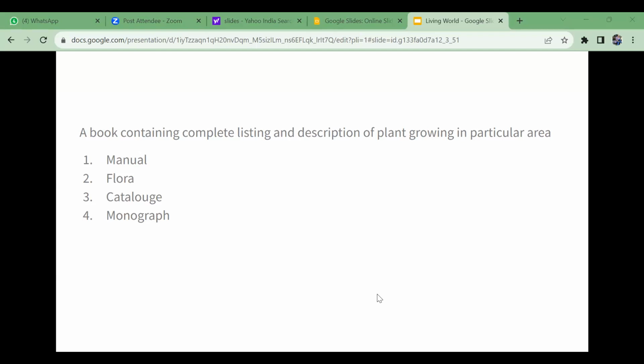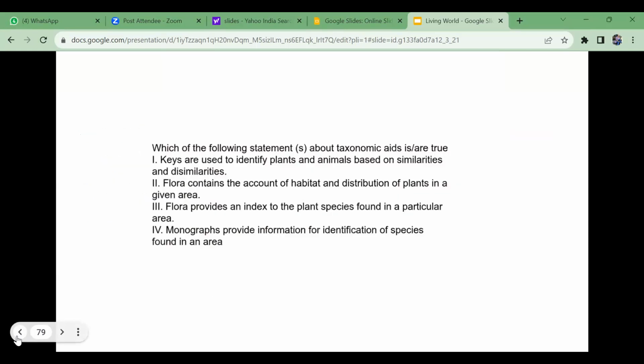Catalog कैसे Karthik? How it is catalog? Yeah, it is flora. Okay, let me see whether you can do this. Can you answer this? Can you tell which is true and false?